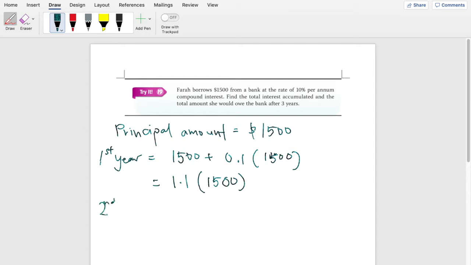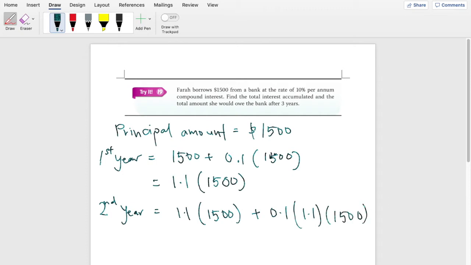In the second year, what she will owe will be this amount. This is now the new principal amount, and on top of that, she's going to accumulate 10%. So the amount she already owed, and on top of that we add 10% of it.